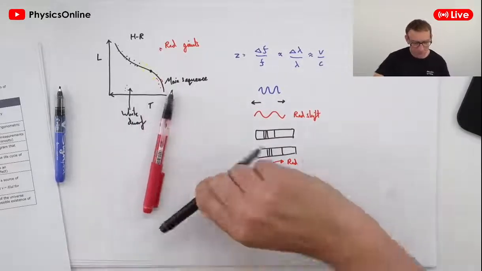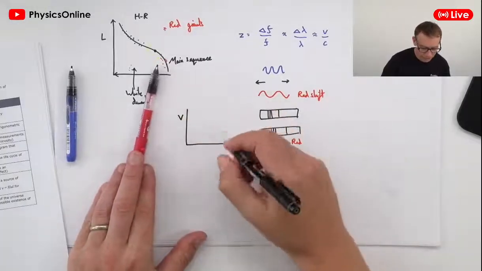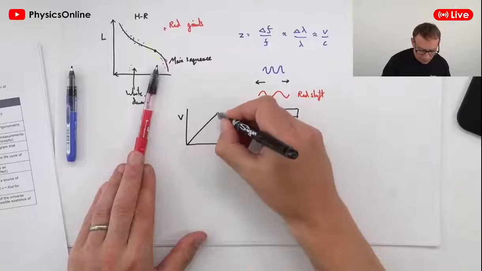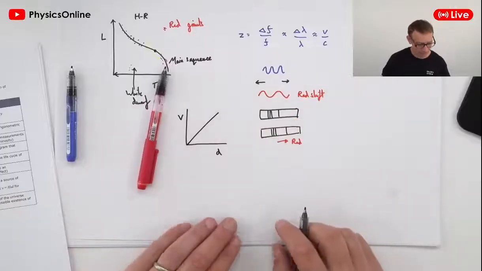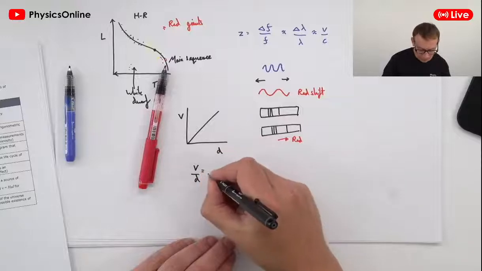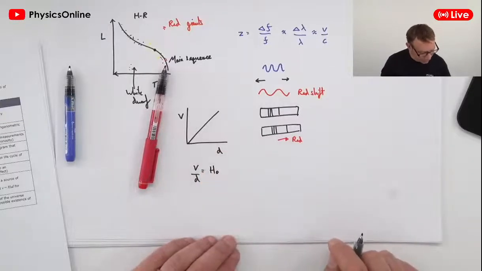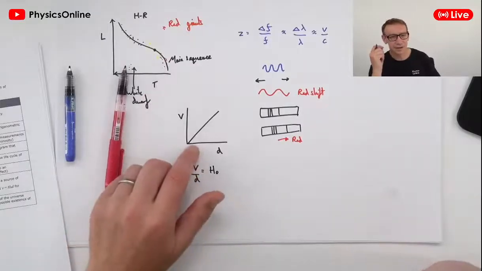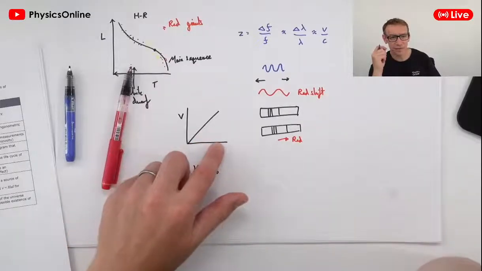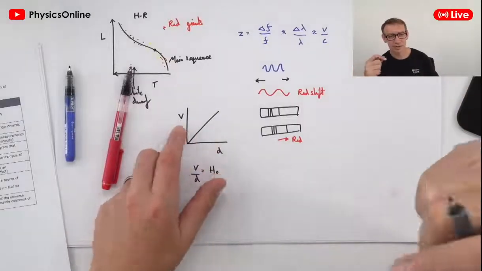Of course, if we look at this on a graph of recessional speed against distance, we get something like this, where v over d, the gradient of that line, is Hubble's constant, H naught. This says that galaxies which are further away have a greater recessional velocity on average.